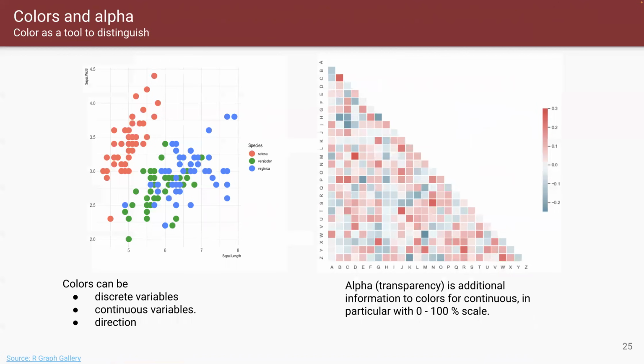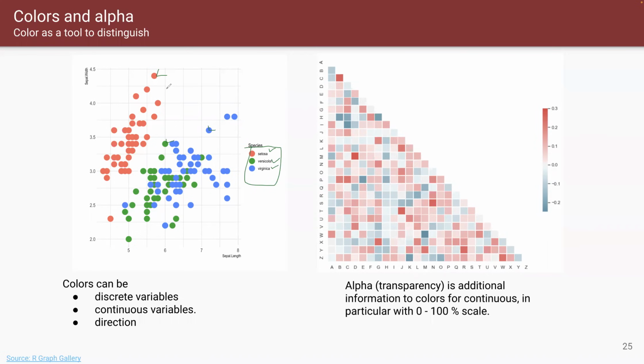Also, one thing you might want to consider in your visualization is color and also alpha, right? So why is color important? Because color itself represents the group information. So there are 3 species on here. They are all on the same points, but you can distinguish them by colors, right? So let's think about it this way. Here you have three species, Setosa, Versicolor, and Virginica, and they have different colors like this, right?